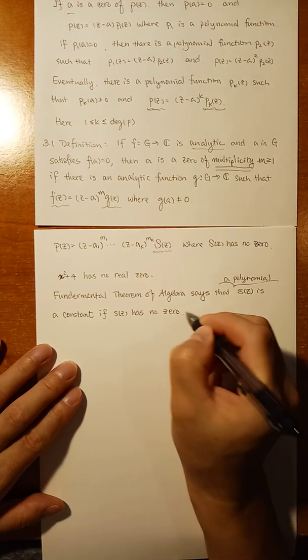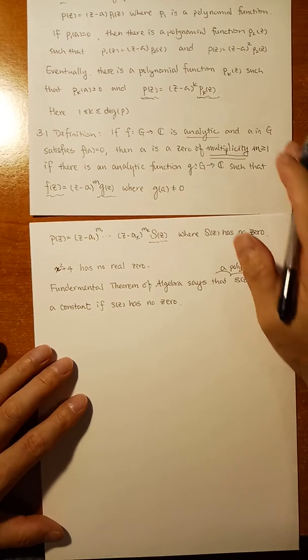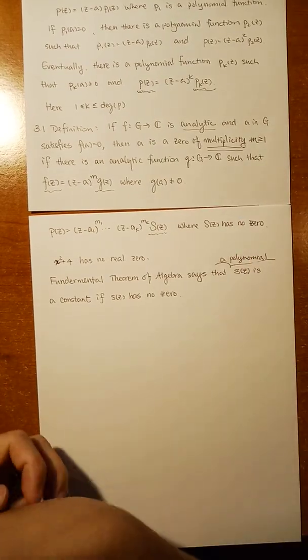If you cannot find a 0, then it's definitely a constant. Of course, it's a non-zero constant.